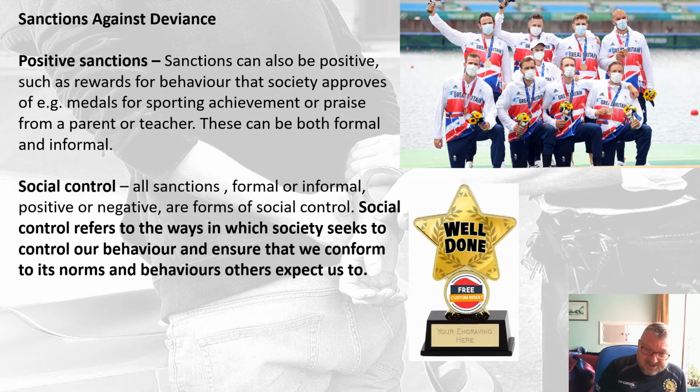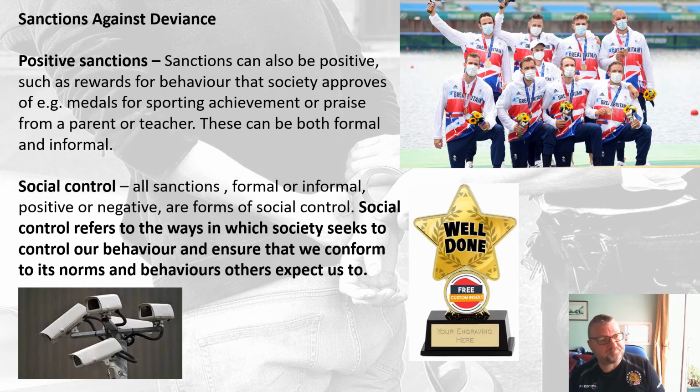And what we mean by social control is, it's the way that society tries to control our behaviour, making sure that we conform to its norms and the behaviours that others expect us to follow. So examples of how that's done would be CCTV.